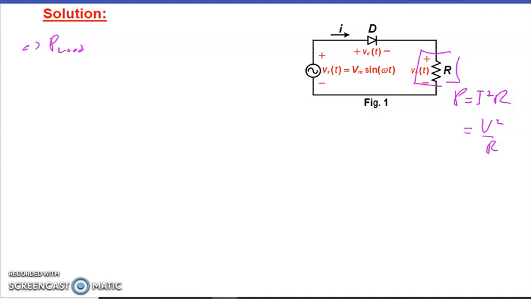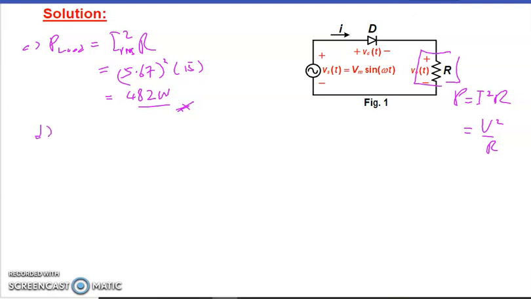So you can use P equals I squared R. At this time, I is your IRMS, which you have calculated just now, which is 5.67 ampere, equal to 5.67 squared times 15. So you will get 482 watts of absorbed power by the load.